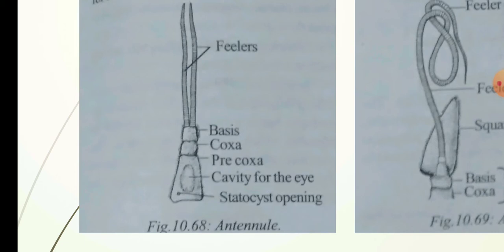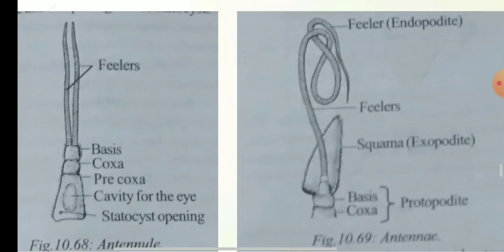What is the function of the antennules? They act as sensory organs, serving as tactile organs, for touch. The antennule also contains the statocyst, the organ of balancing, placed in the precoxa, and the eye.